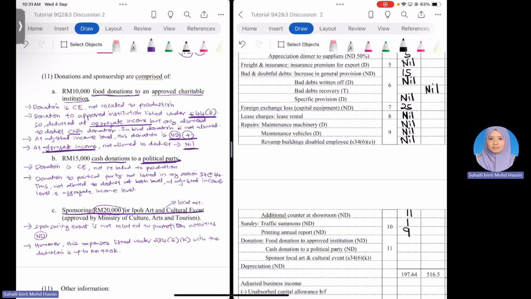The type of donation is food donation. You have to remember that when the company makes a donation, donation is not part of the production. So of course, at the first stage, the donation is not allowed for deduction. It's a capital expenditure, not related to the production.